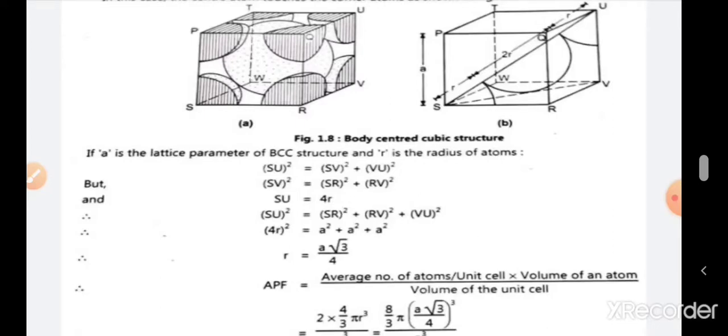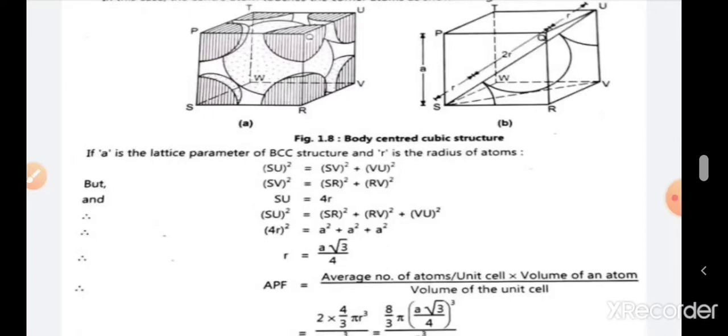Now in the case of SV, we will place SR square plus RV square, that is your second line in the slide. So now we get SU square is equal to SR square plus RV square, that is the value of SV square, and we will add UV square.